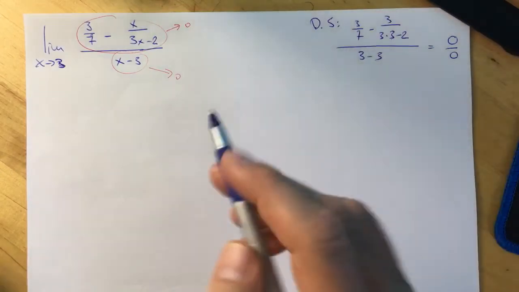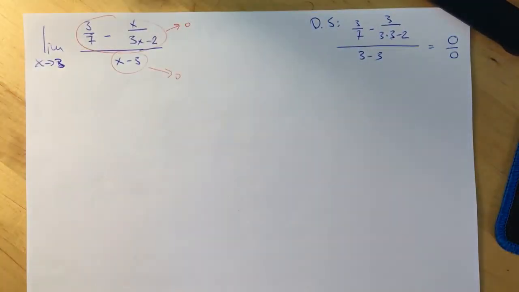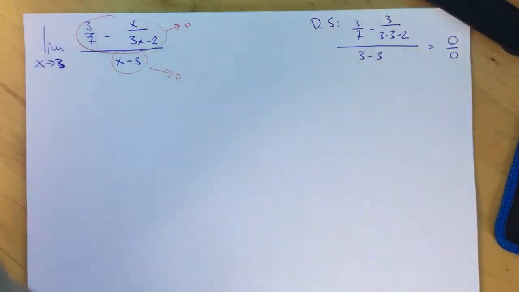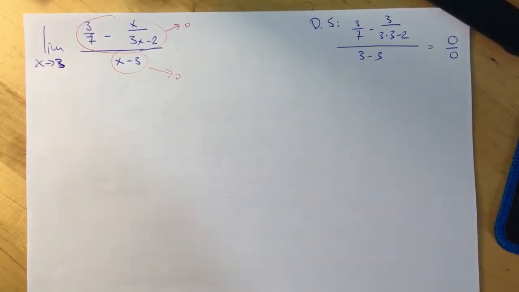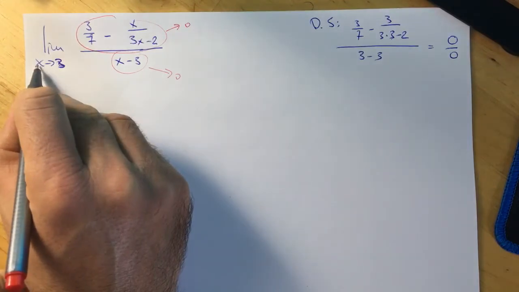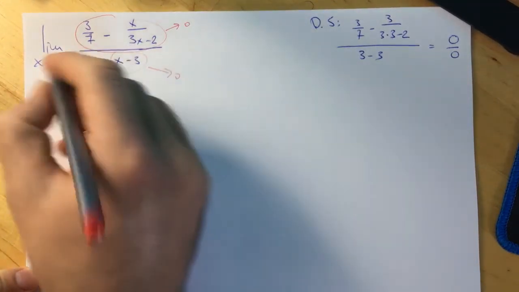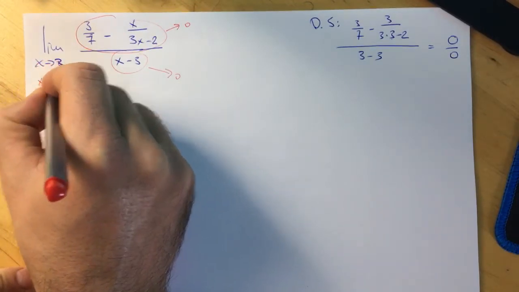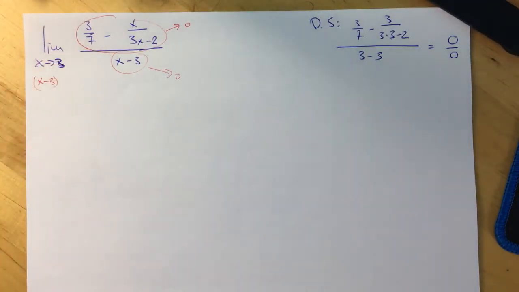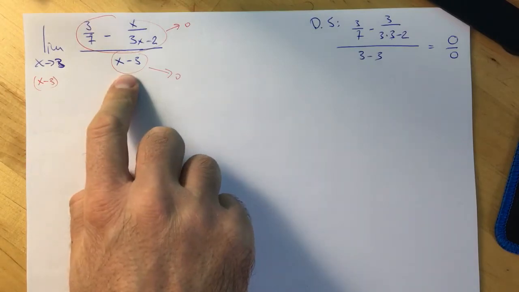Okay. So as you can see, before I can show you, what did I say in class? If x equal to 3 gives you 0 over 0, that means that on top and on bottom there waits a factor of x minus 3 to be cancelled. Okay, that factor is obvious in the denominator.